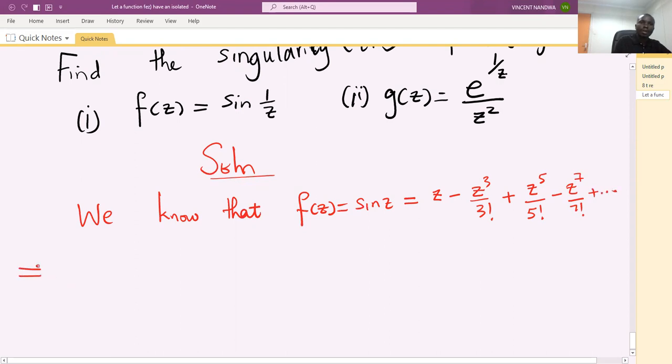So this will imply that our given f of z, which is sine of 1 over z, the role of z here is taken by 1 over z.